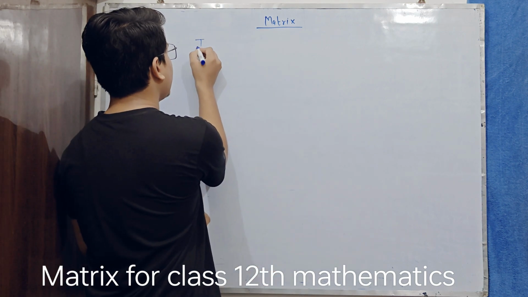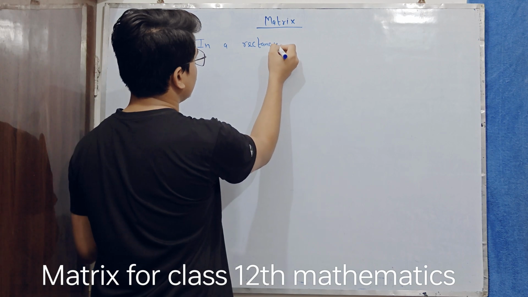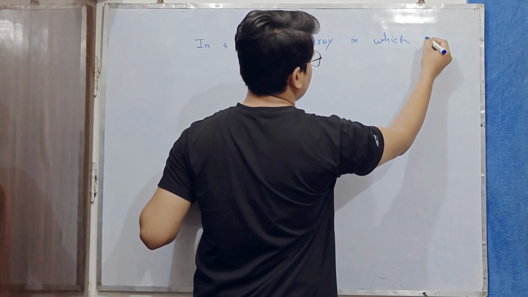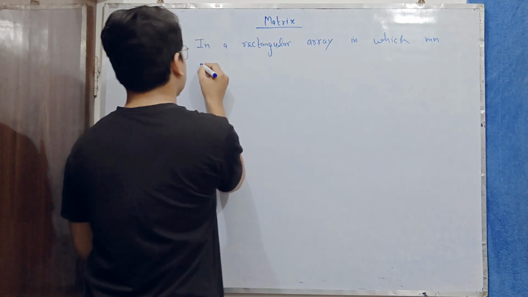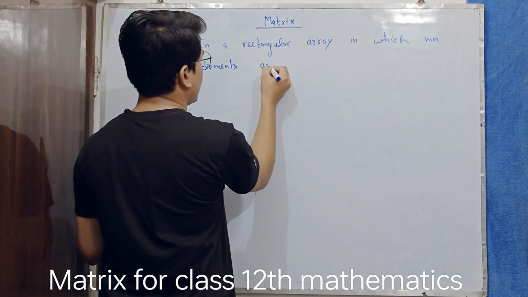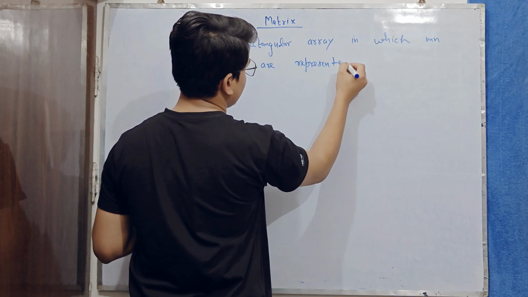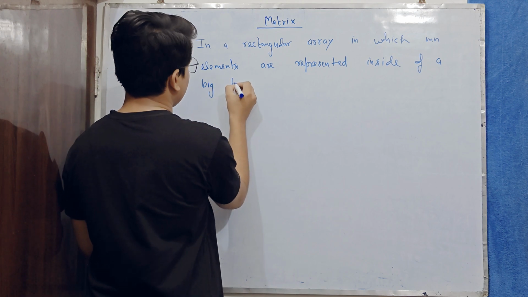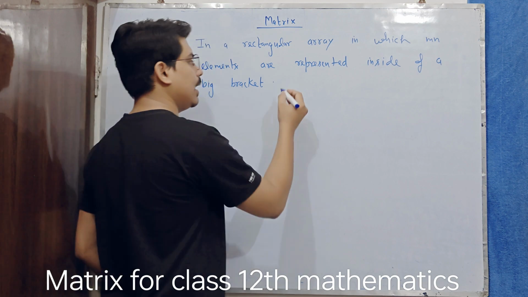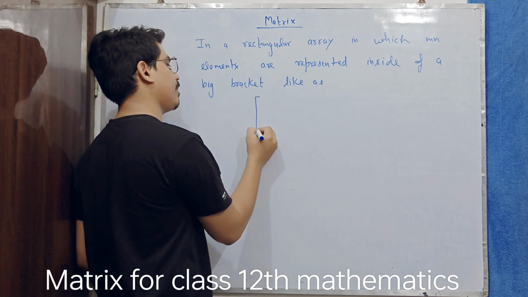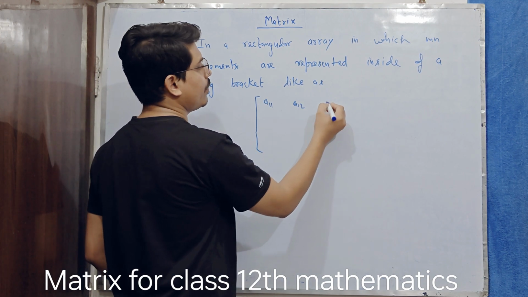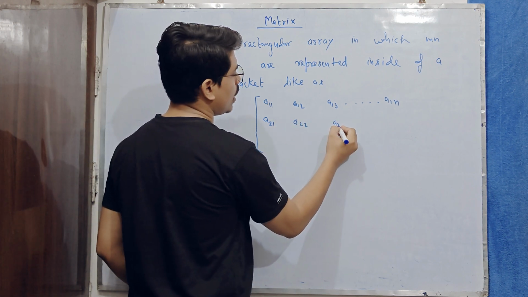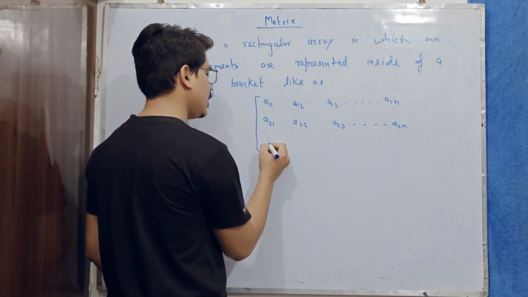What is a matrix? I write here: a rectangular array in which mn elements are represented inside of a big bracket, like a11 a12 a13 up to a1n, and the second row is your a21 a22 a23 up to a2n, and similarly so on up to am1.